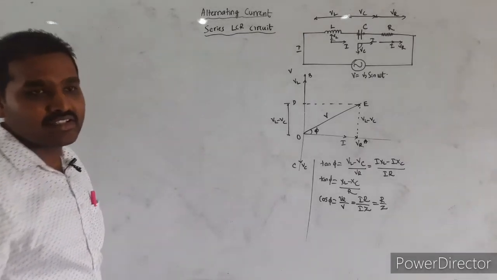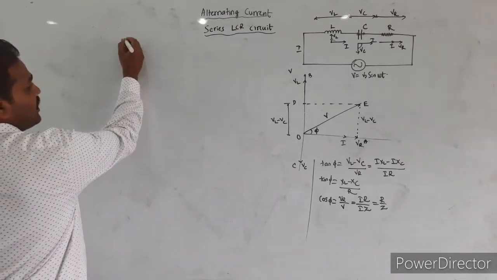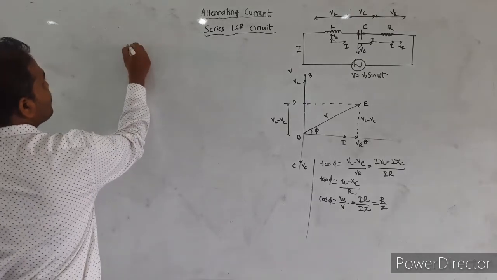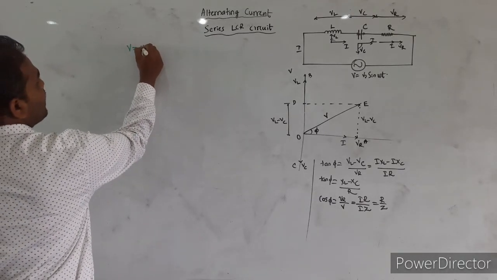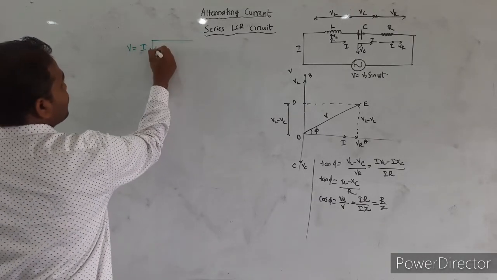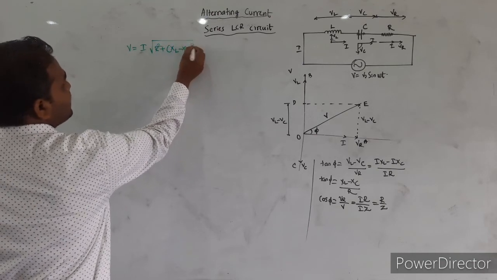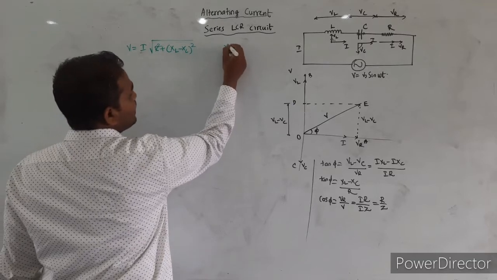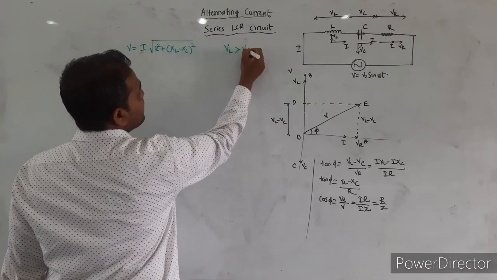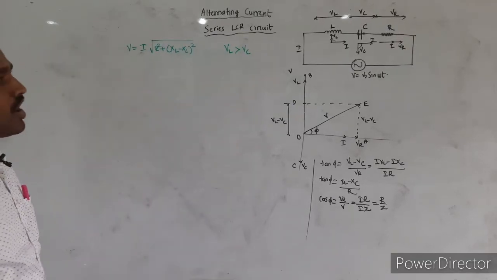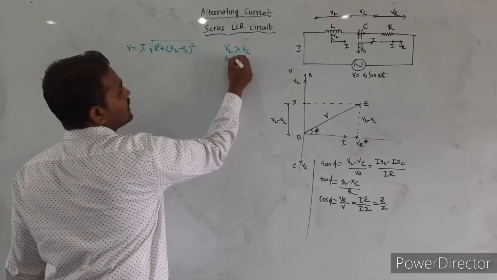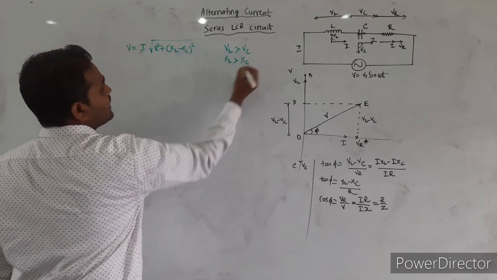Let us see those different cases. I wrote V is equal to I into square root of R square plus (XL minus XC) whole square. This is when VL is greater than VC, or XL is greater than XC.